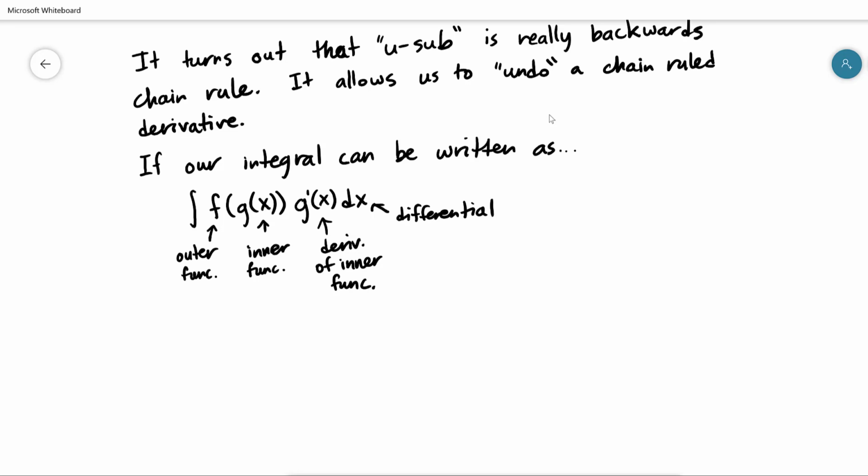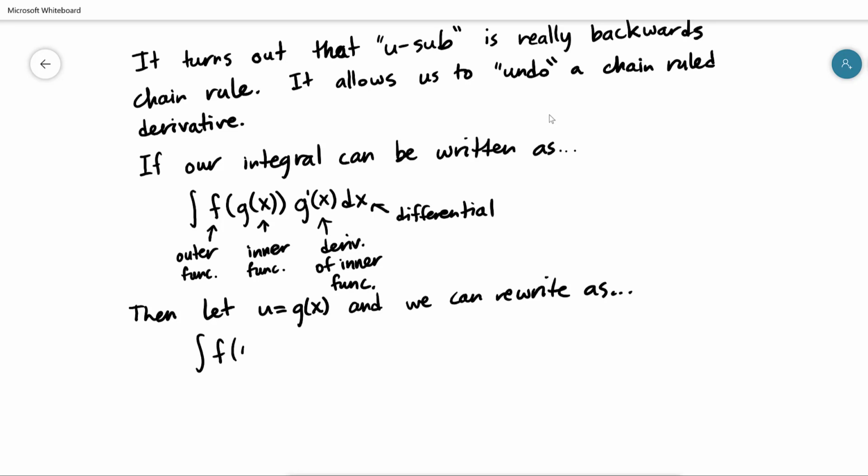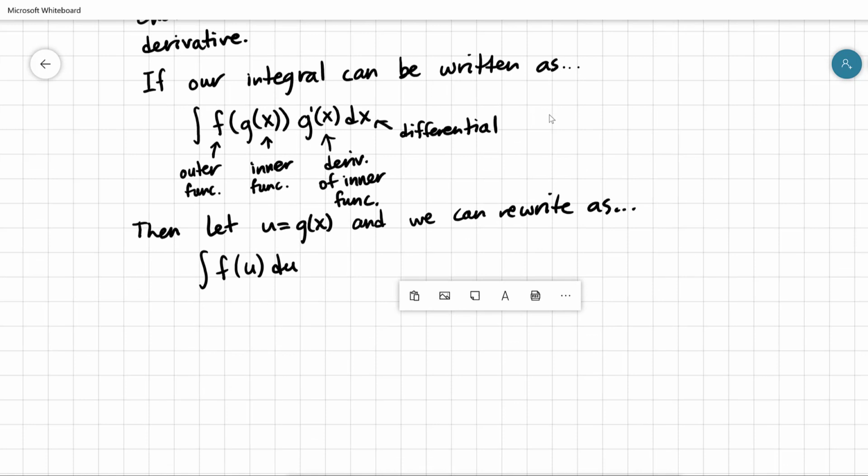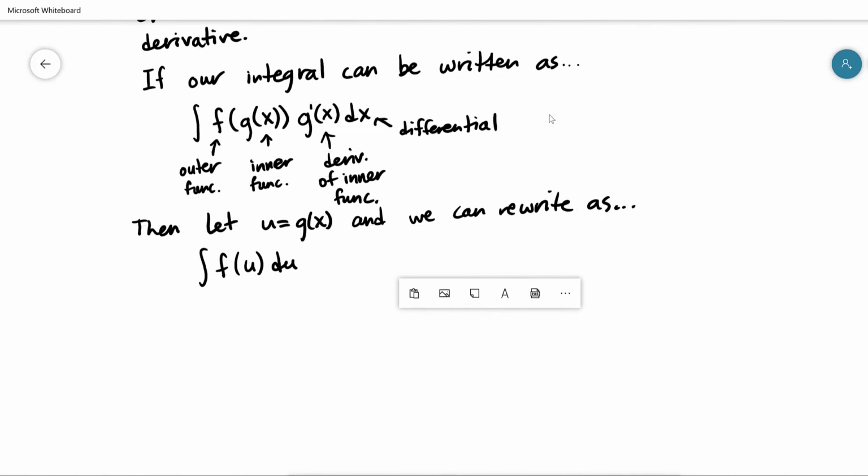If we've got all of this, all we need to do is let u be the g of x. And we can rewrite this whole thing as the integral of f of u du. That is the idea. So that is basically what the substitution looks like.